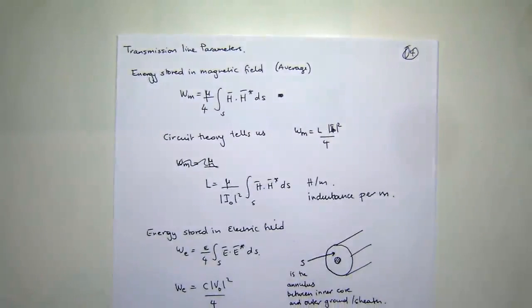Okay. Now, we've gone through all this and we've worked out what a transmission line looks like, and we've worked out what the propagation constant and the characteristic impedance of a transmission line are. Now, I was talking very briefly at the start about how a transmission line is essentially just a reorganization, or another way of writing, Maxwell's equations.